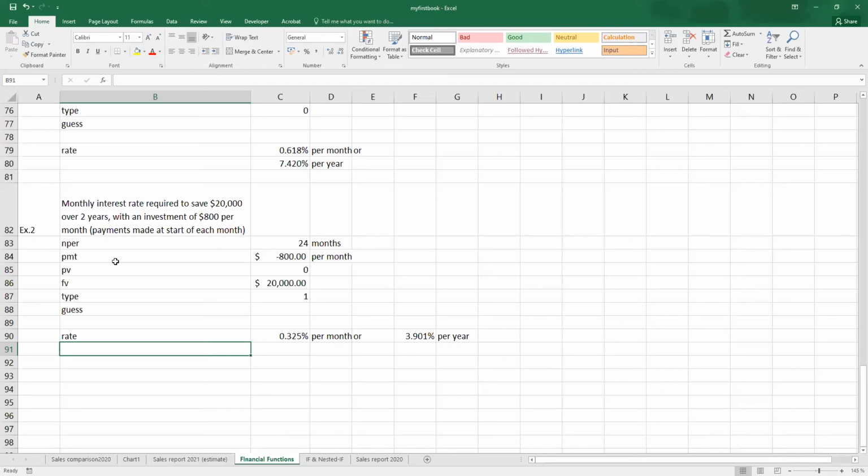The first one that we have to learn is the IPMT function, and the second one is called the PPMT function นะครับ.